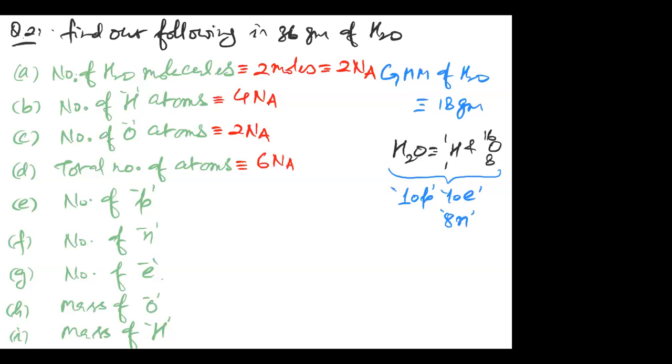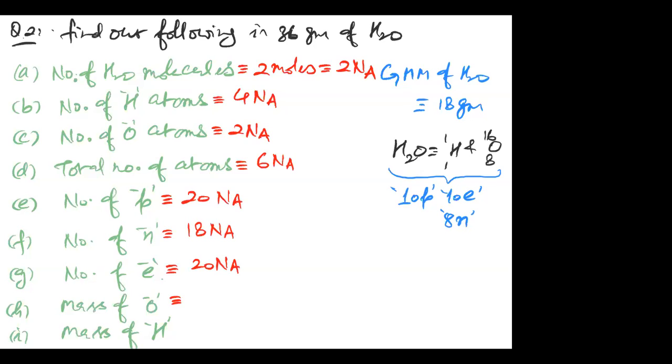As far as the number of protons is concerned, every water molecule consists of 10 protons, so 10 protons multiplied by 2Na comes out to be 20Na. The number of neutrons should be 18Na. The number of electrons should be 20Na.